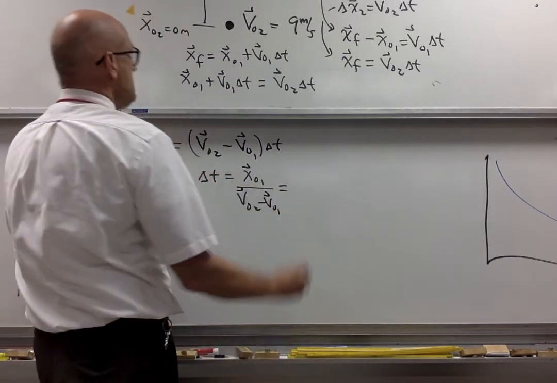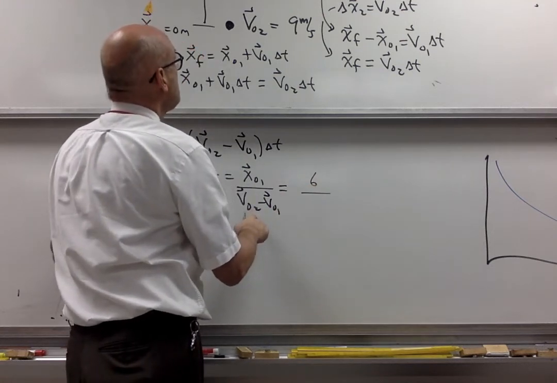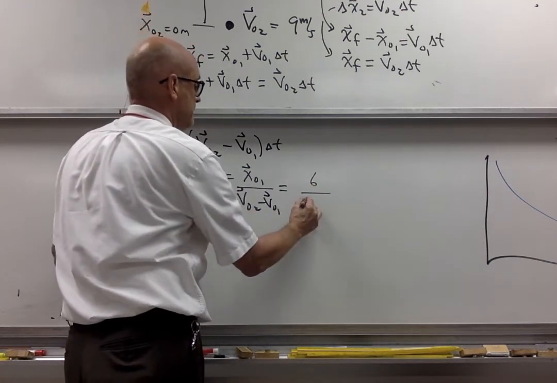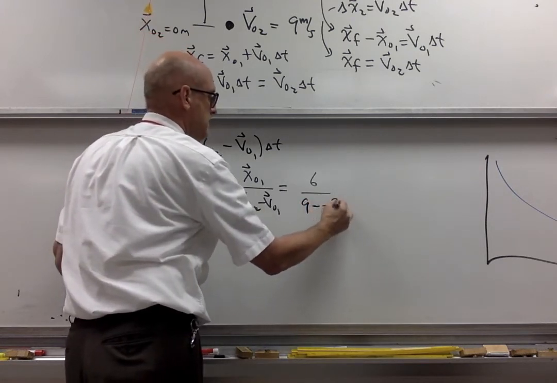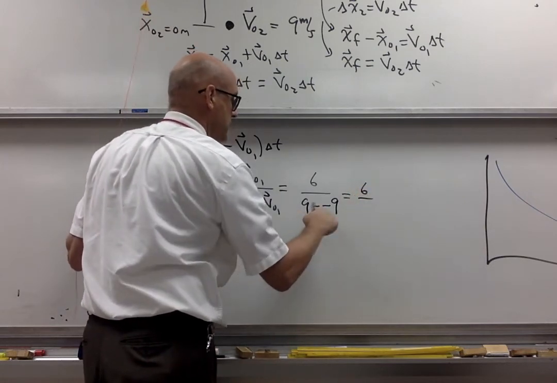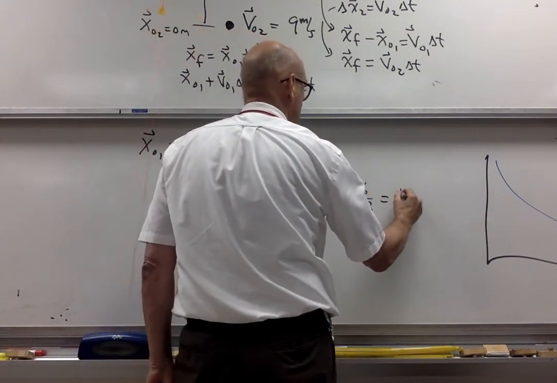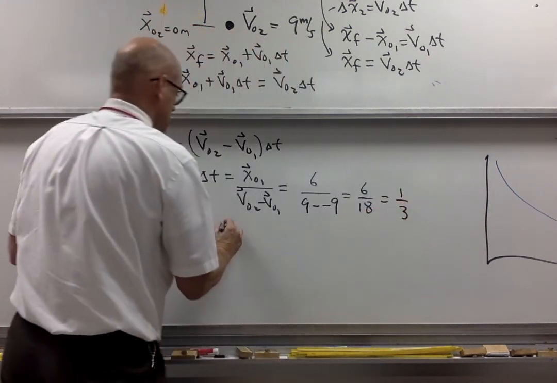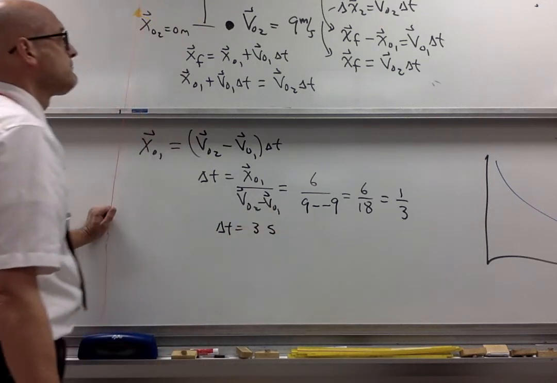So xo1 is 6, VO2 is 9, VO1 is negative 9, so we have negative 9. So we have 6 divided by 9 plus 9, or 18, okay, which is equal to 1/3. So in other words, the time interval is 1/3 second.